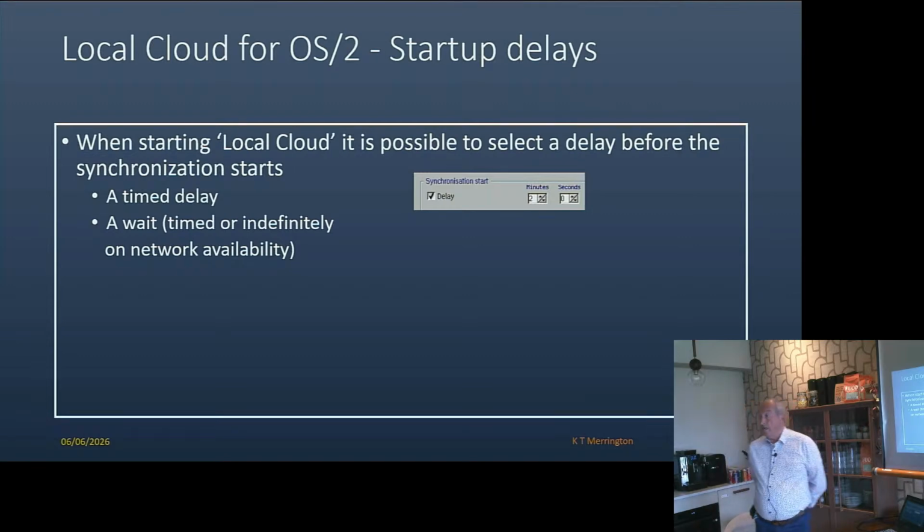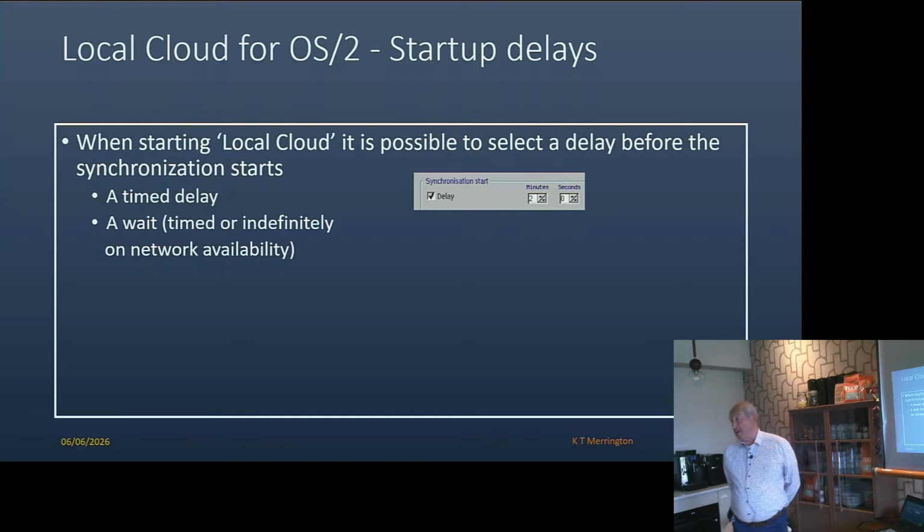You can wait for a particular time on a particular network drive becoming available, or indefinitely until that drive becomes available. It depends on your philosophy. I use wait until the drive becomes available, because then I will know there's a problem if it doesn't.